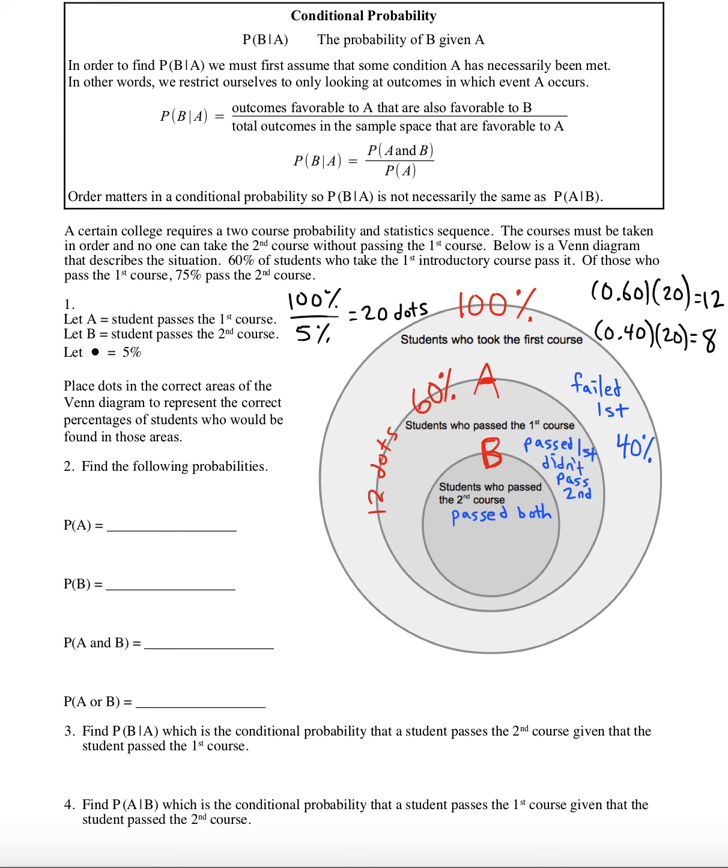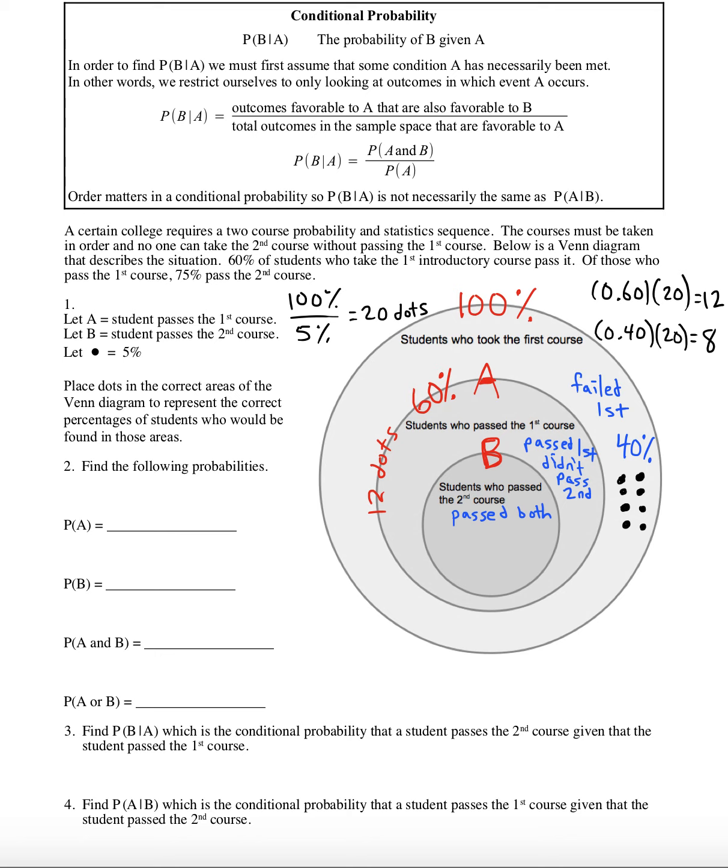Now notice I didn't put the 40 on the boundary. I actually put it in the region itself. So to me, what that means is that the 40% is just in this region here. And people inside bubble A and B are not part of that 40%. There we go. We got 8 dots.